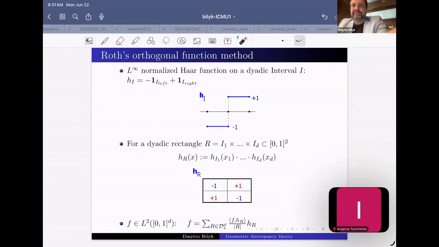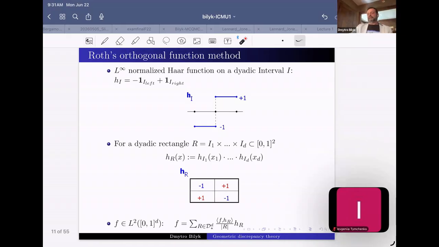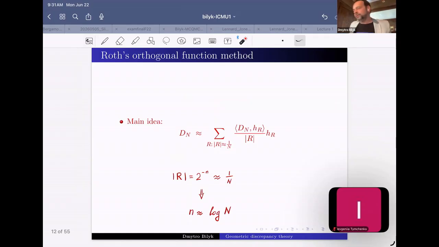Now we will try to actually connect it to discrepancy in some way. The main idea of Roth was not just introducing these functions, but also realizing how to use them and which part of the expansion to use.